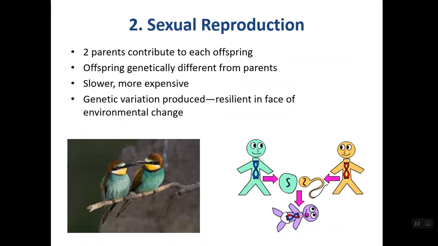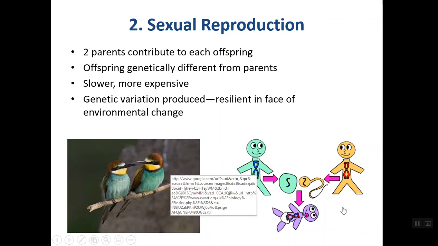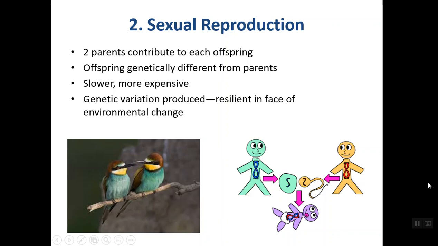All right, so the second type of organismal reproduction is sexual reproduction. And sexual reproduction implies the contribution of two parents. Only when two parents come together with production of gametes can sexual reproduction happen.